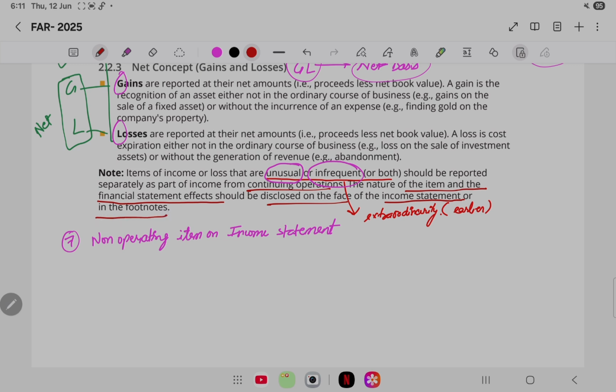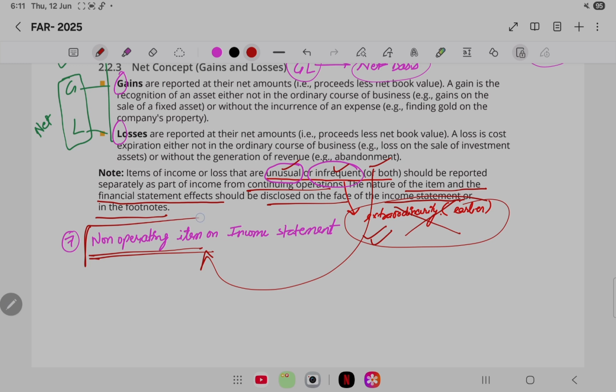What they are trying to say is, if you know the previous financial structure, if we found something unusual or infrequent, it was considered extraordinary earlier, but now this concept has been abolished. Now all the items, whatever is unusual, infrequent, or both, all come under non-operating items. Understood? Yes, ma'am.